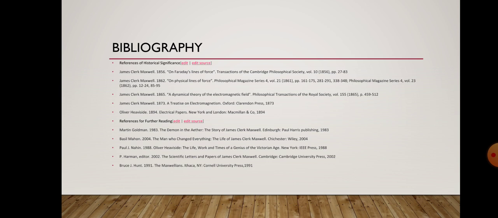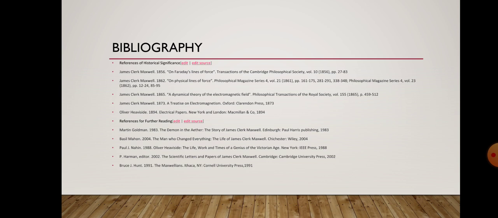References for further reading. Martin Goldman, 1983, The Demon in the Aether: The Story of James Clerk Maxwell, Edinburgh, Paul Harris Publishing, 1983. Basil Mahon, 2004, The Man Who Changed Everything: The Life of James Clerk Maxwell, Chichester, Wiley, 2004.